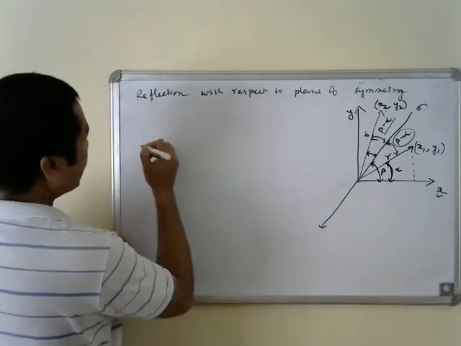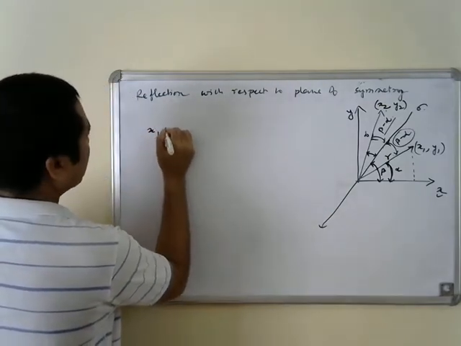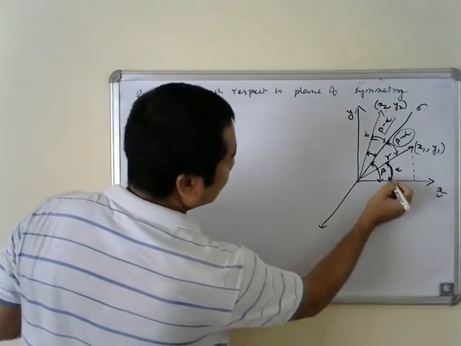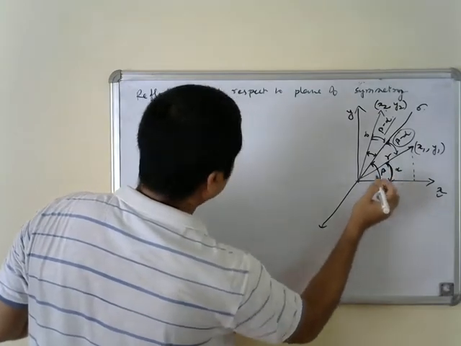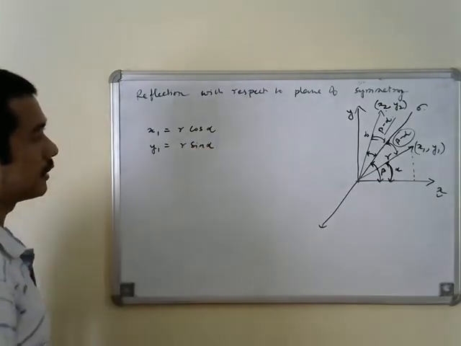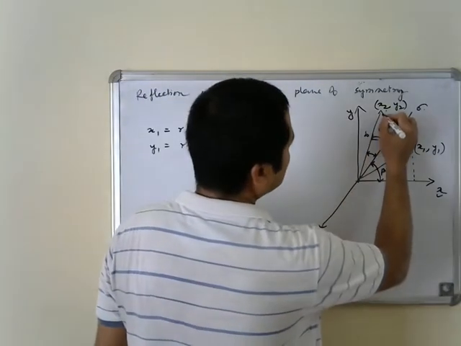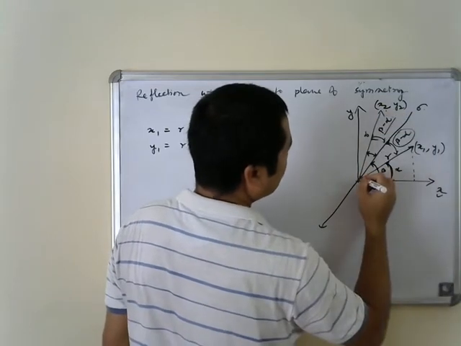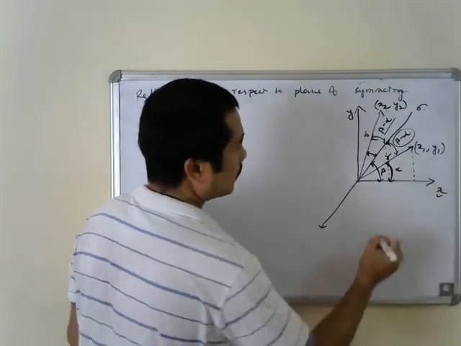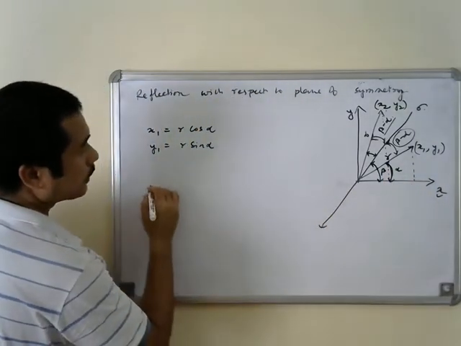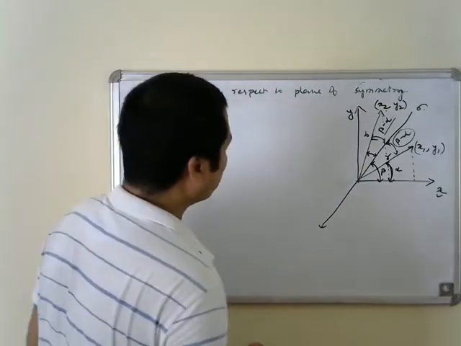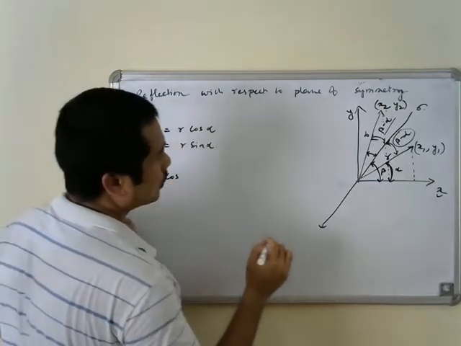So now we will again draw a right angle triangle over here, and like we have done earlier, x1 is equal to r cos alpha, because alpha is the angle over here, and y1 is equal to r sine alpha. Then we will consider a right angle triangle from the final vector and the x-axis, so that x2 will be equal to cos of the total angle.